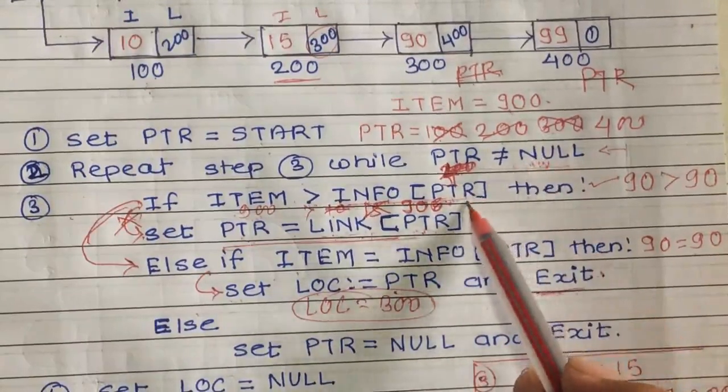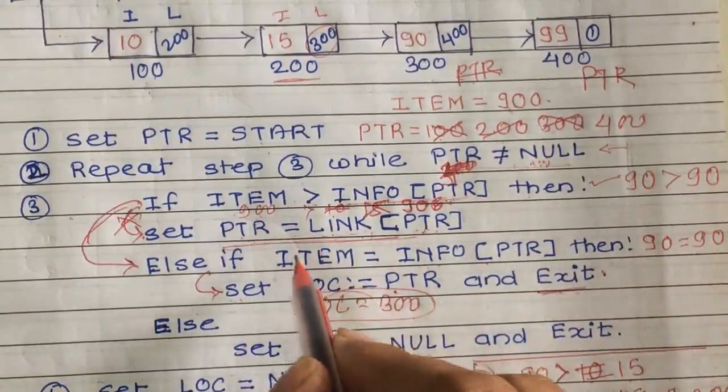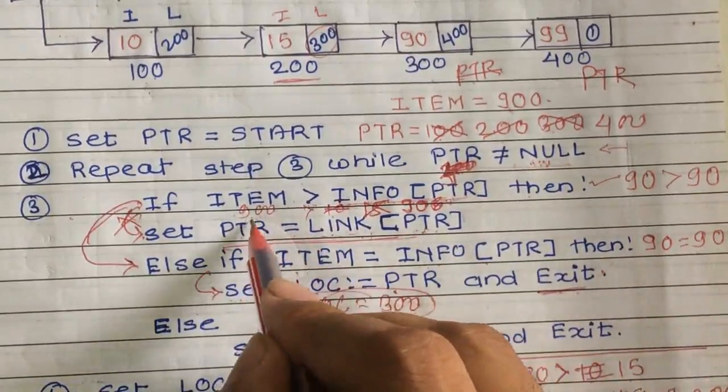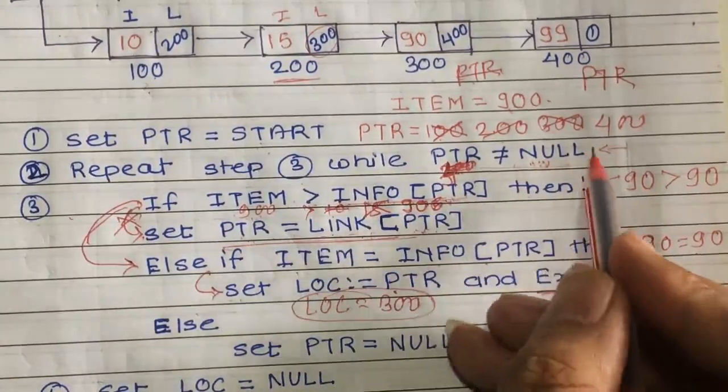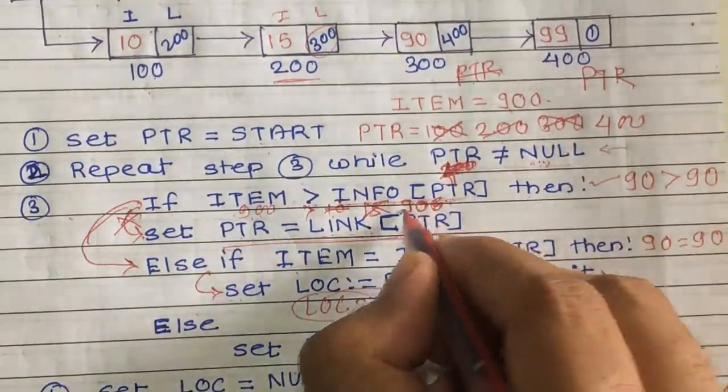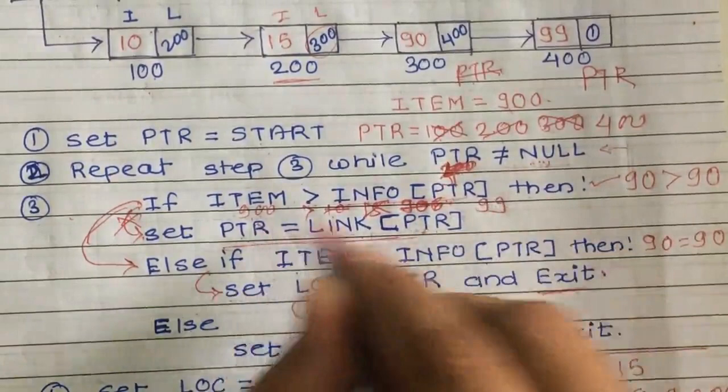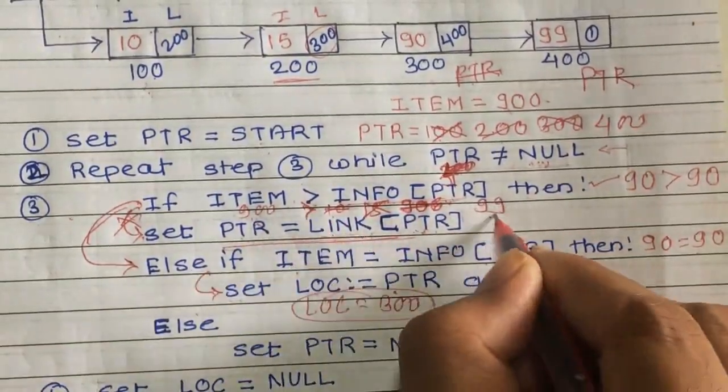So control will come inside this. It will check if 900 is greater than info of 400. Info of 400 is 99. So 900 is greater than 99.